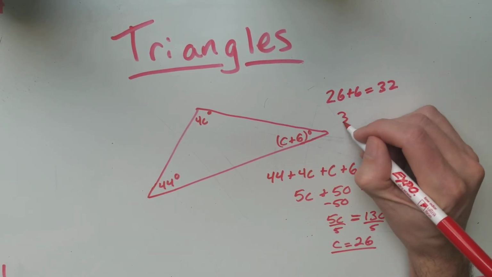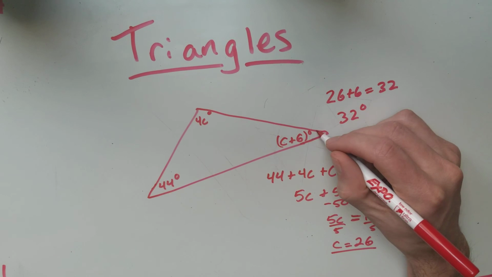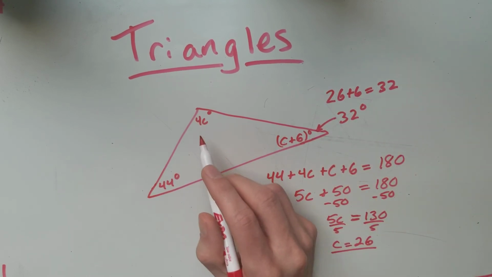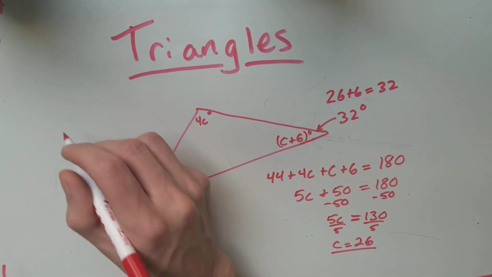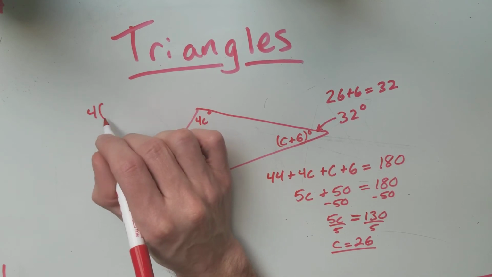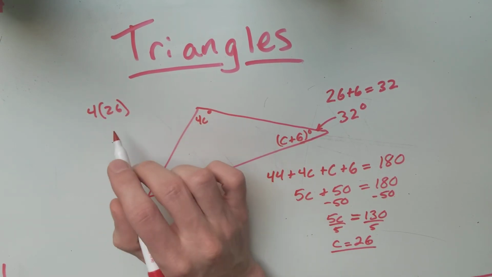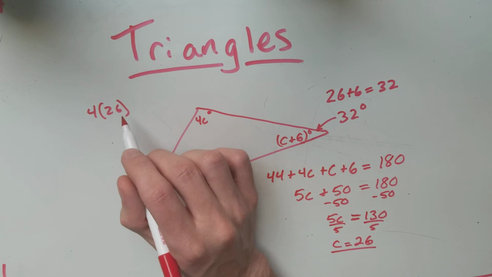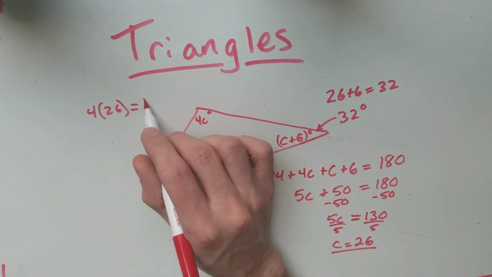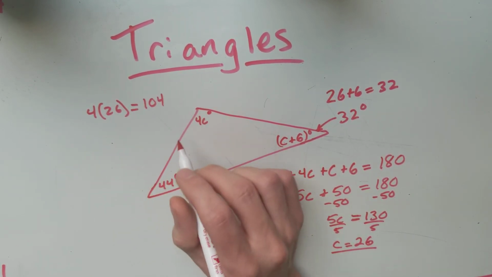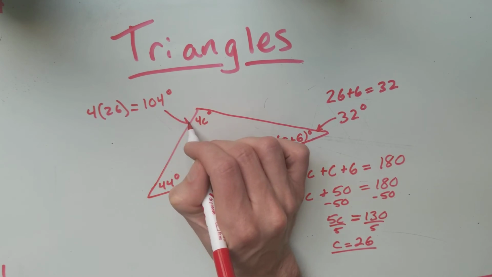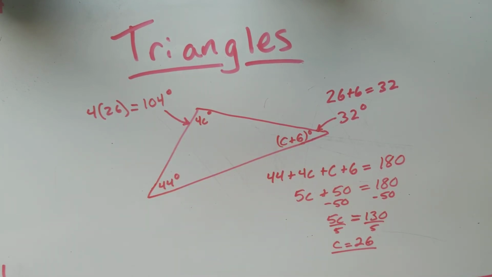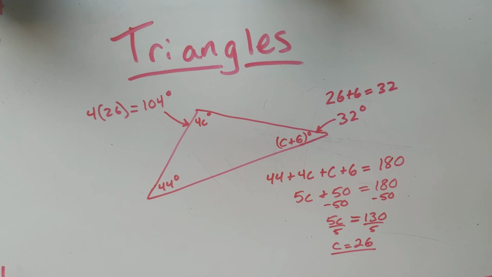This angle has a measurement of 32 degrees, and this angle has a measurement of, well, c is 26, so it's 4 times 26, and 4 times 26, we should end up with 104, so this angle has a measurement of 104. And just like that, we're all done.